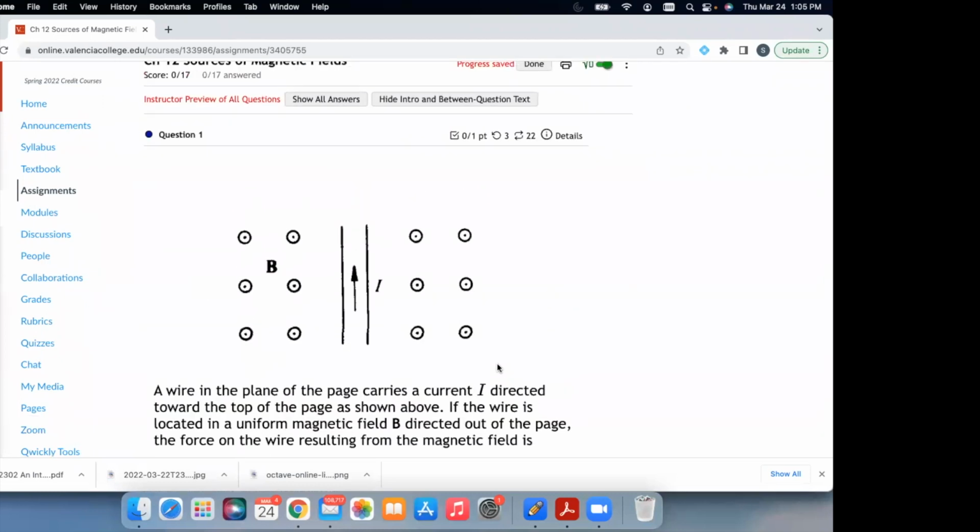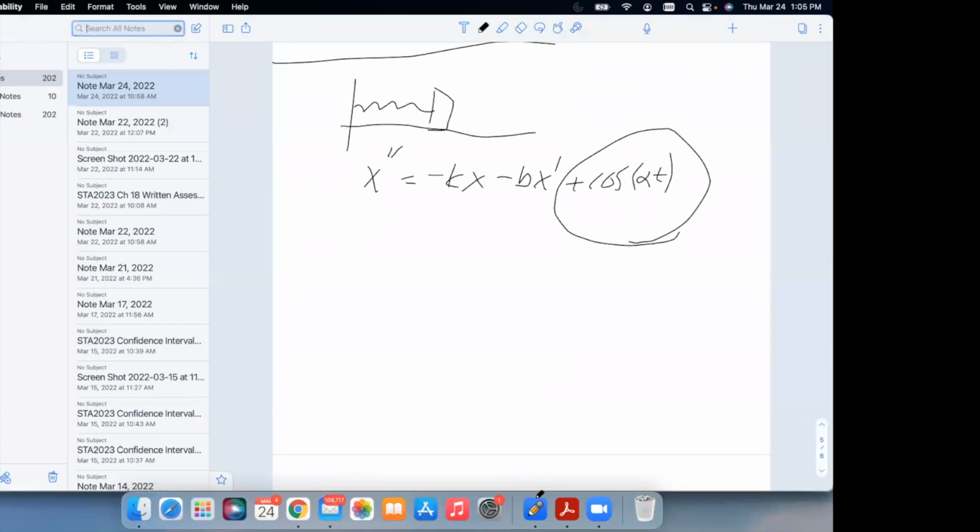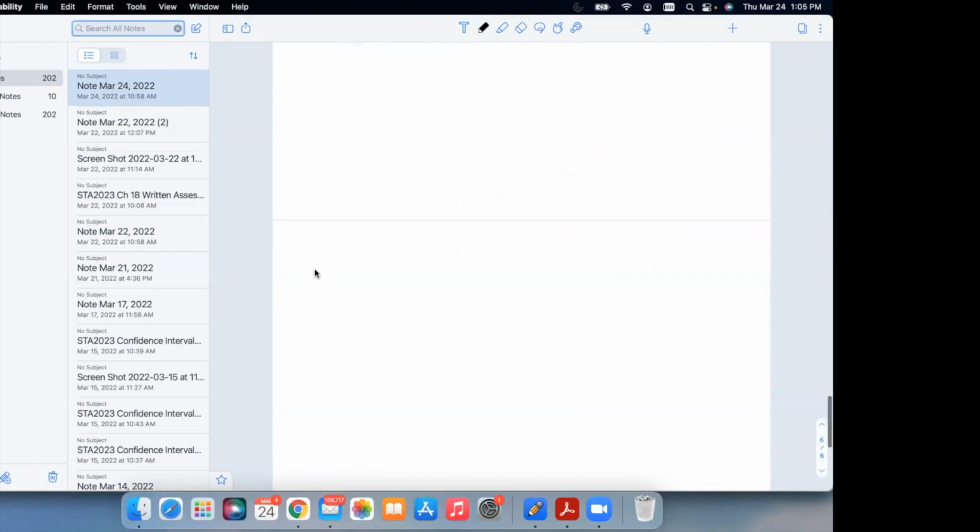Okay, so let's take a step back and talk about E&M in general. So charges, if I've just got a charge sitting in space, that creates an electric field. Charges create electric fields.